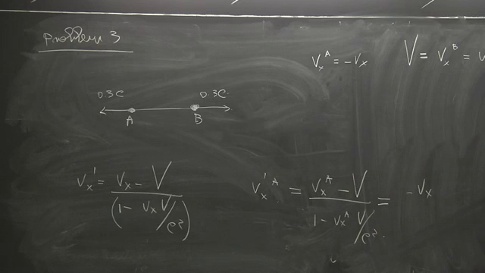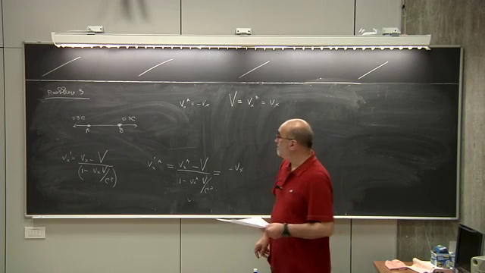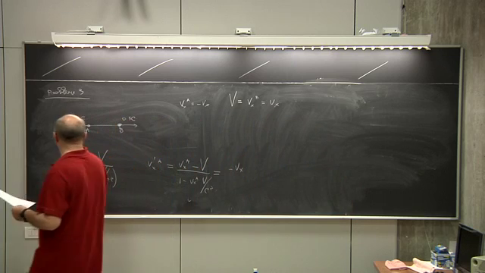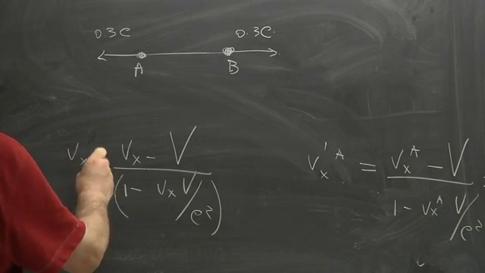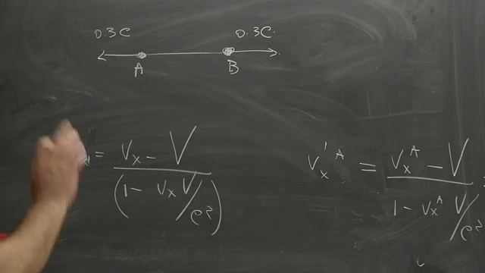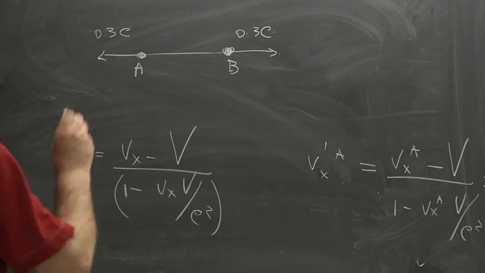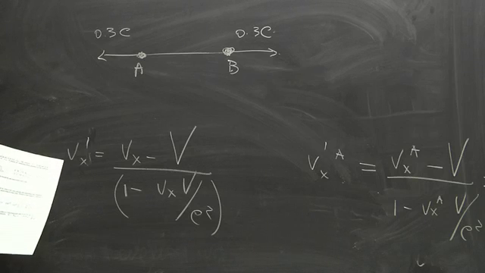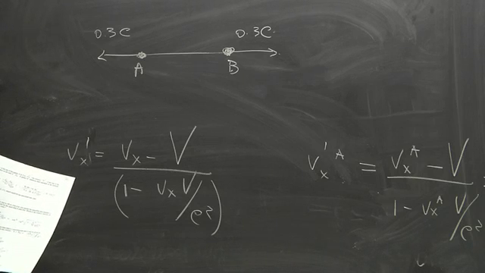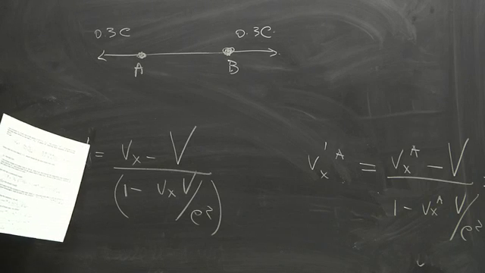Yes? It's not V, it's V prime, X prime? Oh, yes, of course. If you want, we can put a notation guy. I'll call you that from now on. Right, I meant that, but it's a new velocity, so I put the prime there.